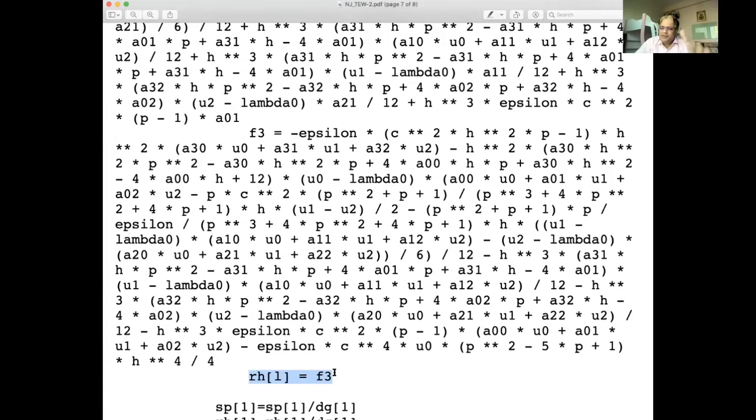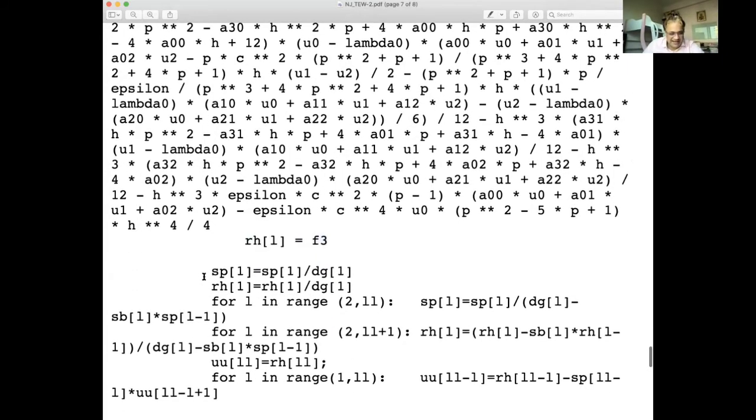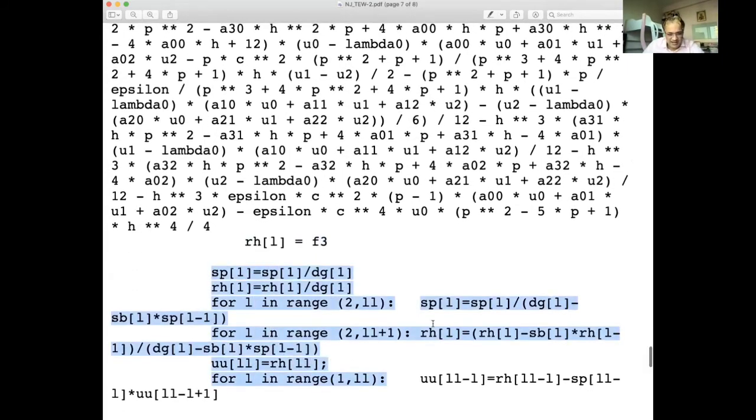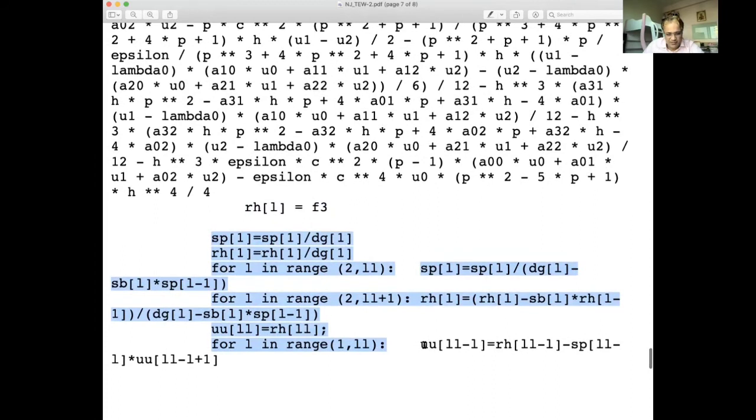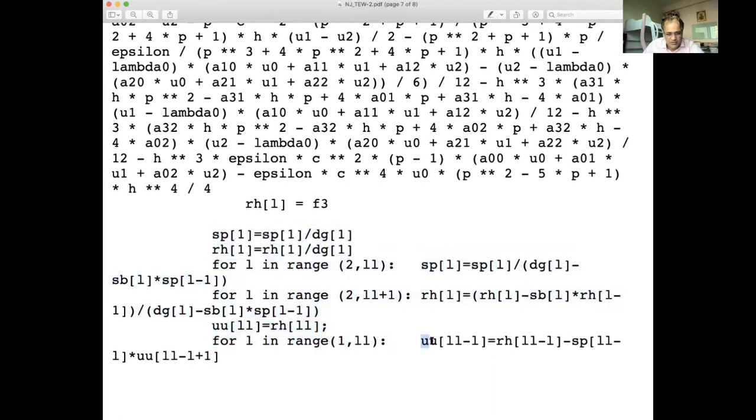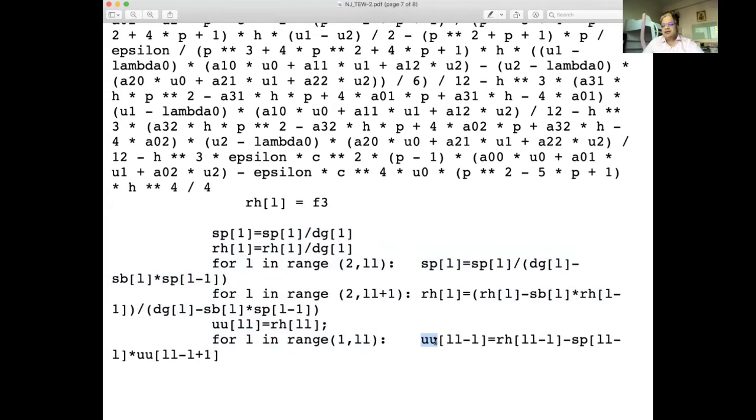Then use the same tridiagonal solver, but with the newly defined U. The solver is the same, but instead of U, I have a new vector, that is UU. So UU is calculated.